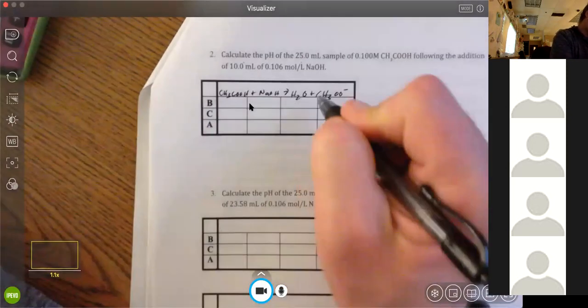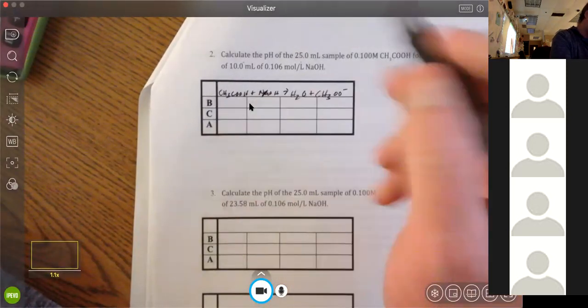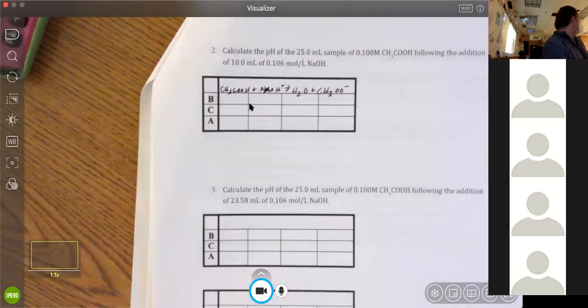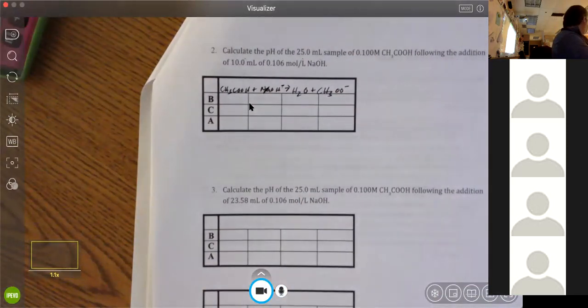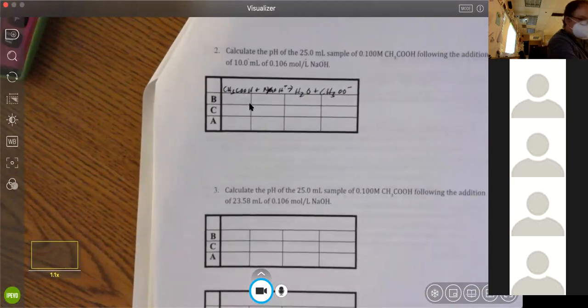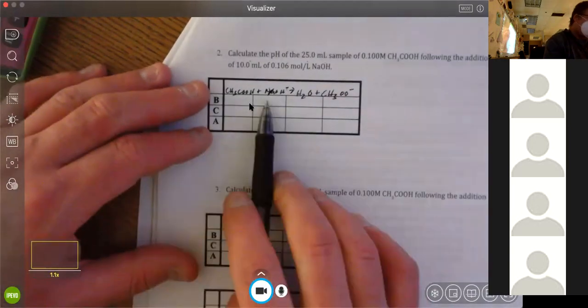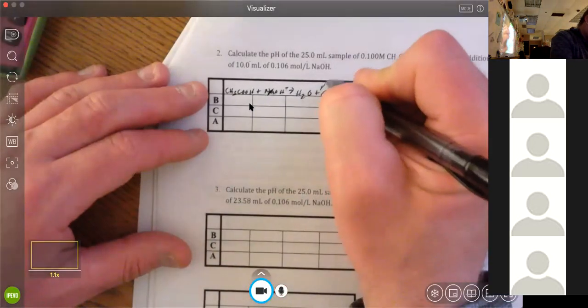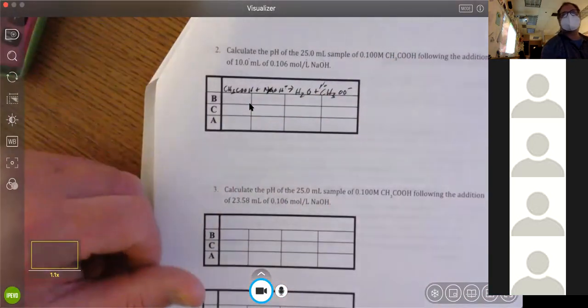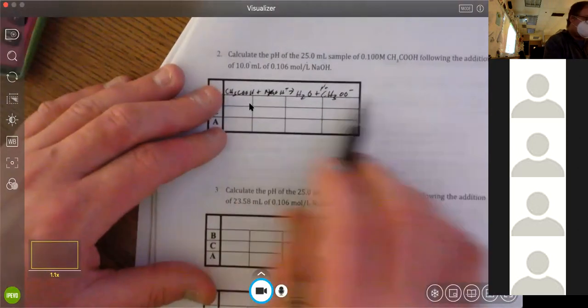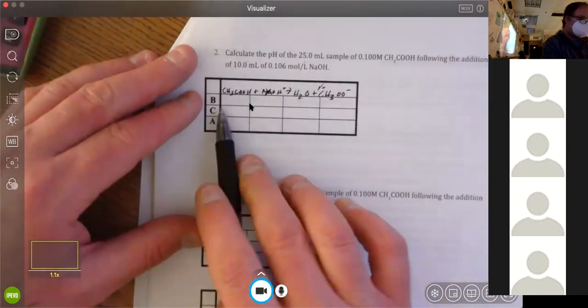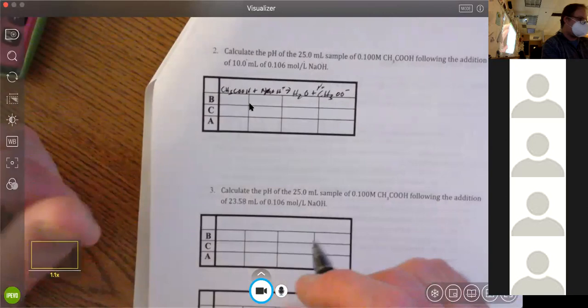Why didn't we bother putting the Na in there on this side? Because we could cross it out on this side as well. And that would be what we call the net ionic equation. What is the Na in this case? Spectator ion, right? If you wanted to put it over here, you could. But this crosses out all the spectators. This is actually what's going on in the reaction.